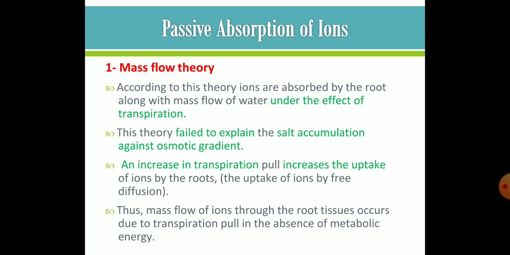Here, an increase in transpiration pull increases the uptake of ions by the root, that is, uptake of ions by the free diffusion method. Here they emphasize the free diffusion concept. Thus the mass flow of ions through the root tissues occurs due to transpiration pull, in the absence of metabolic energy.